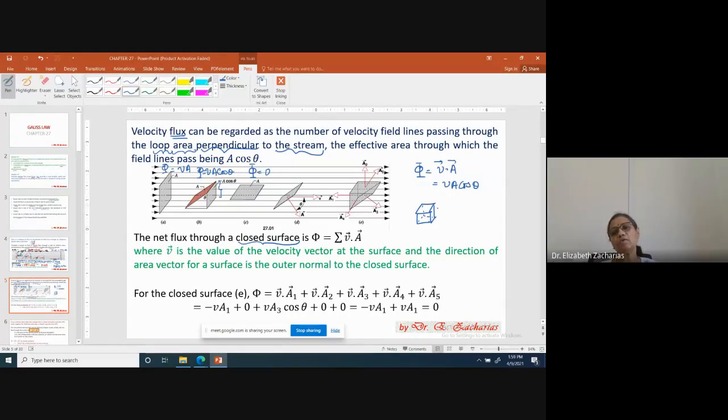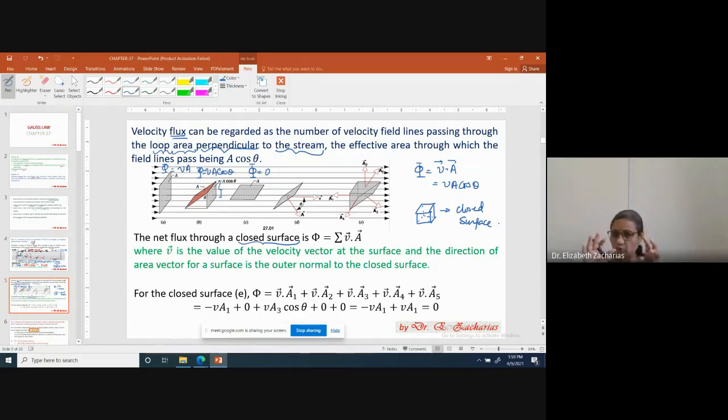This is an example of a closed surface, in the sense no edge of the surface is open. Everything meets and forms a closed surface. But then it is going to allow the fluid to flow. In that sense, it is open.